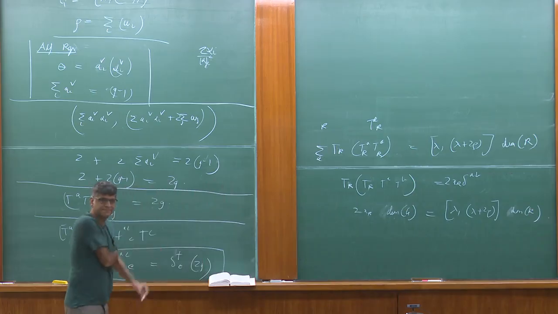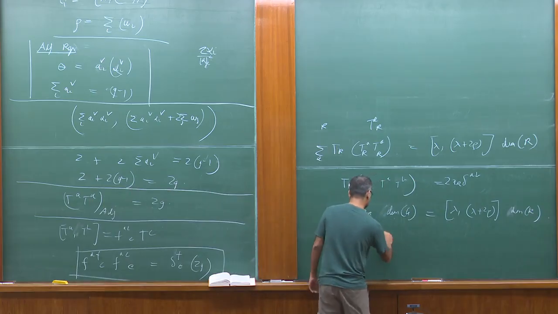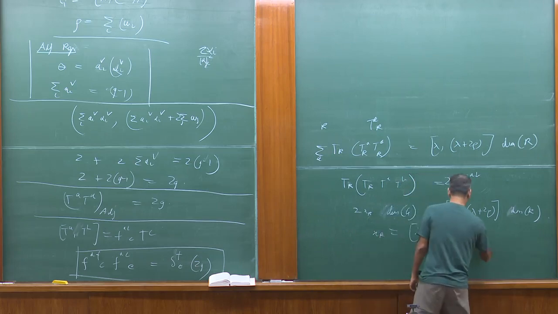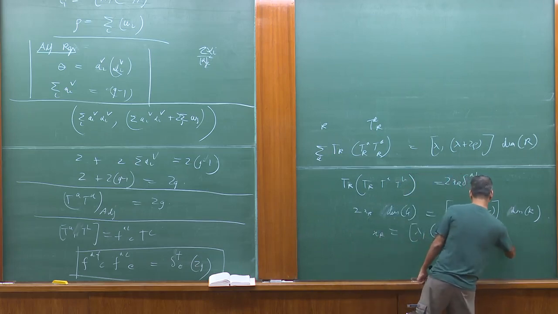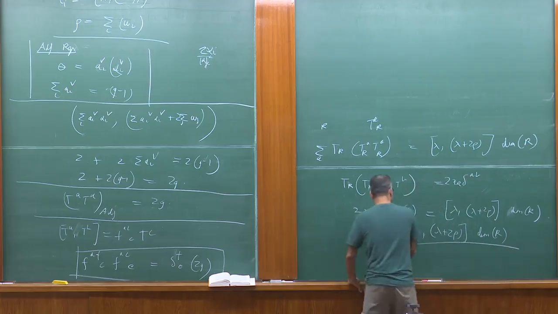And therefore we find that X_R is equal to lambda times lambda plus 2 rho, times the dimension of the representation, divided by twice the dimension of the group.